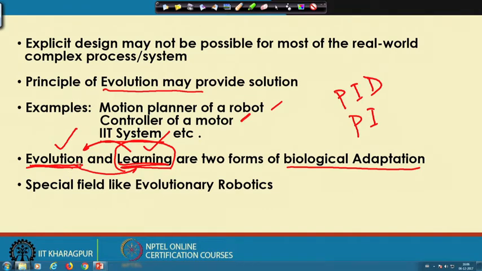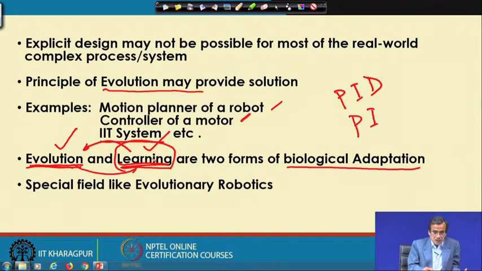Now, this genetic algorithm can also be used as the evolution tool. On the other hand, we have a few tools like the learning tools. For example, we have the neural networks and the fuzzy logic system, which I have not yet discussed. So, those things could be very efficient learning tools.